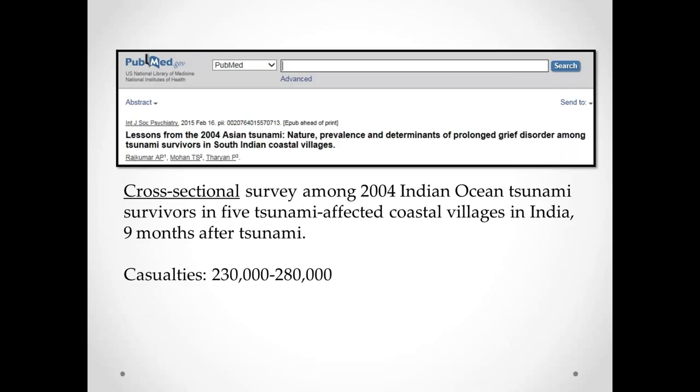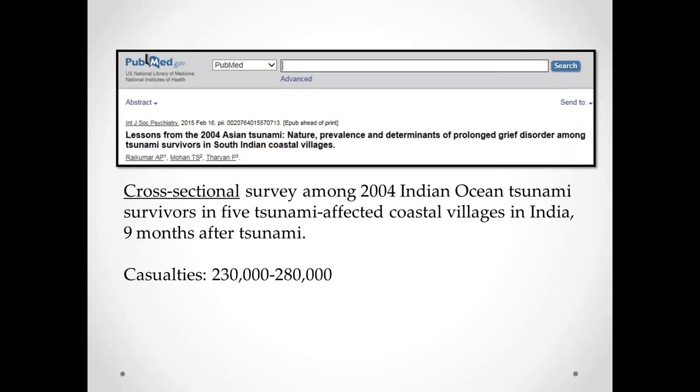Here's another piece, lessons from the 2004 Asian tsunami: nature, prevalence, and determinants of prolonged grief disorder among survivors in the South Indian coastal villages. This is a cross-sectional survey among the 2004 tsunami survivors in 5 tsunami-affected coastal villages in India, 9 months after the tsunami.